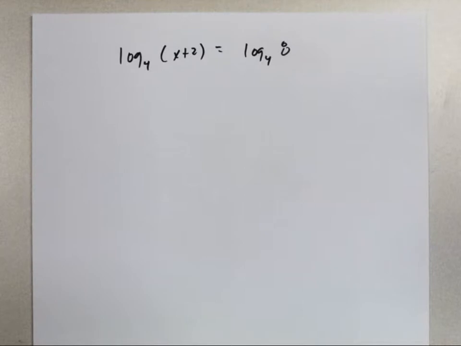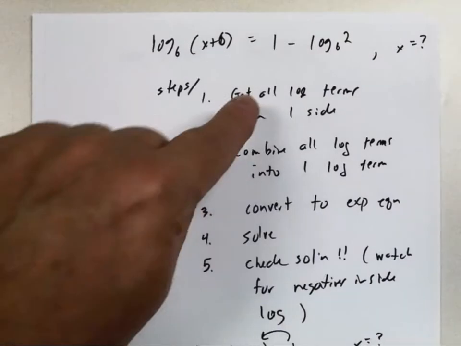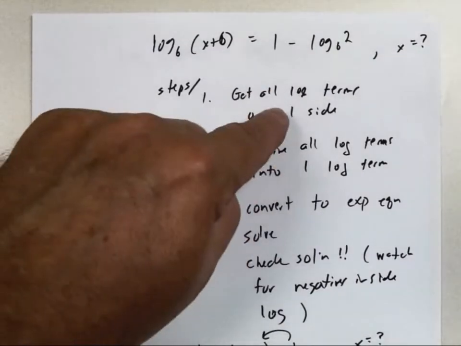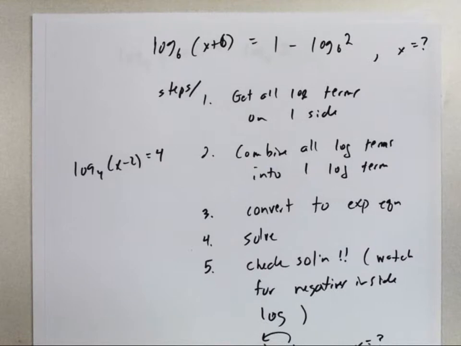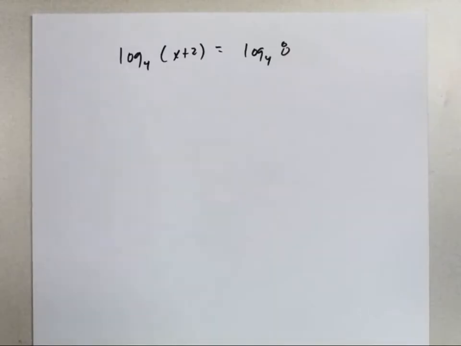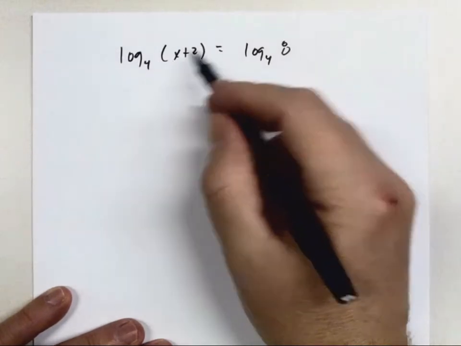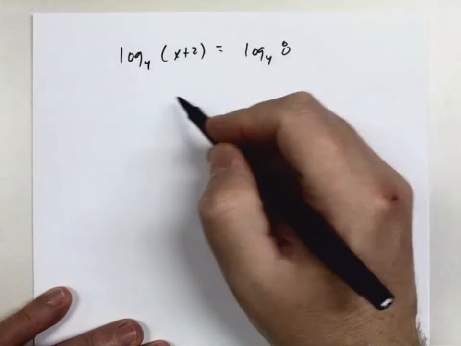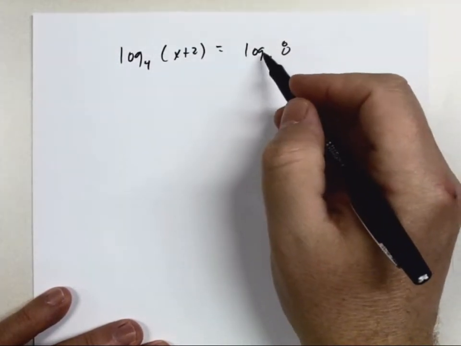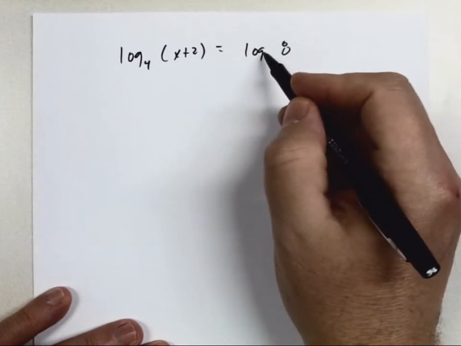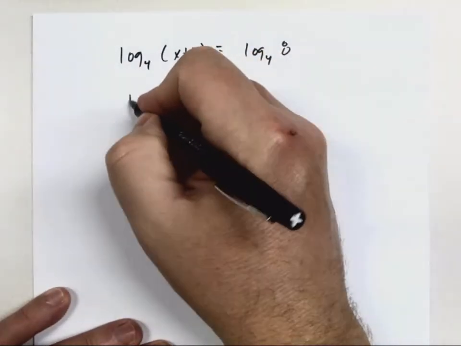But just to make it simple, I'm going to follow these steps, because these steps can be used for any equation with log terms. There are always special equations where you can use shortcuts, but just to make it simple, I'm using the same method. So here I have two log terms and that's all. I want to get them on one side, so let's go ahead and we'll subtract log base 4 of 8.